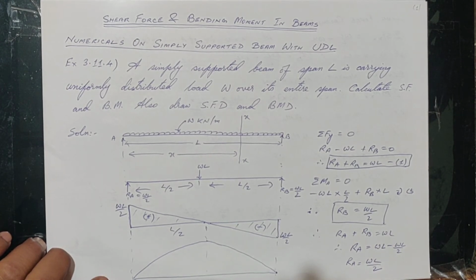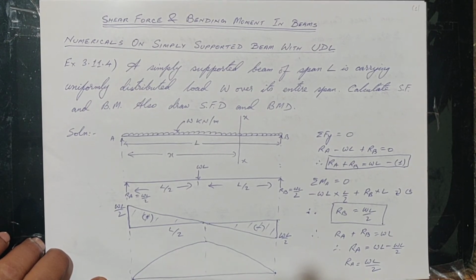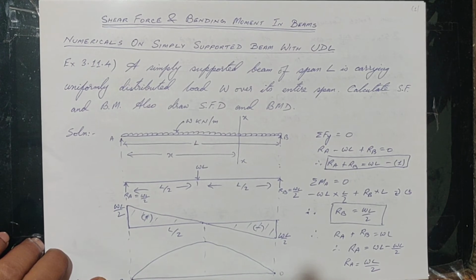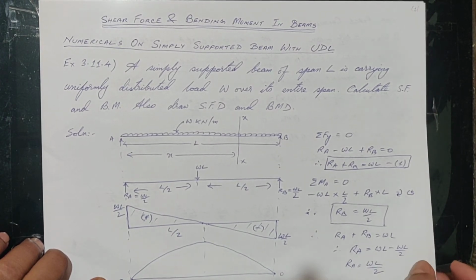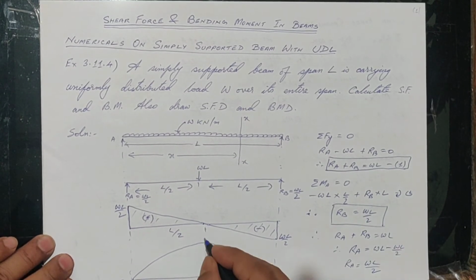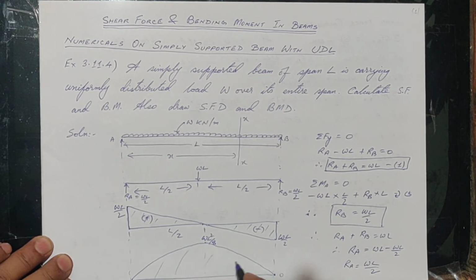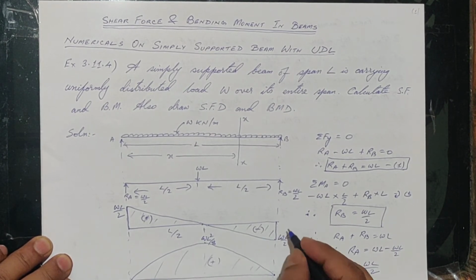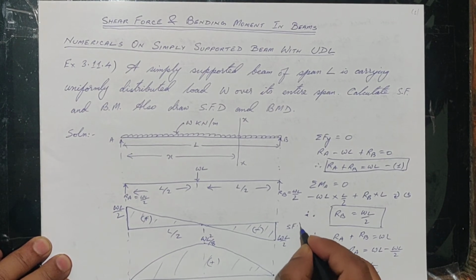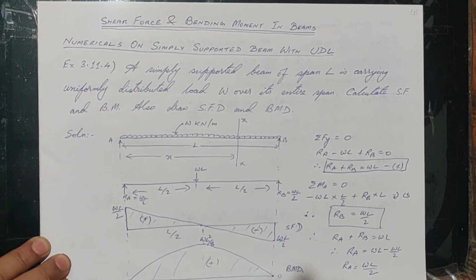It will be a curve where BM is 0 here and 0 here, and at the maximum point it is WL square by 8 that we had seen, WL square by 8, and this whole curve is positive only. So this is our SFD and this was our BMD. Okay. Now we will take up another problem.